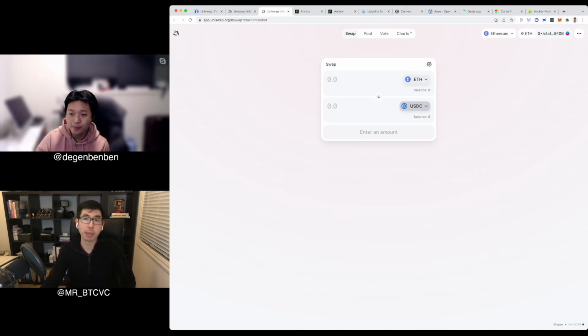So that's swapping. There's not much to say except that it's swapping one token for another token. Some people don't realize the difference between swapping on a decentralized exchange. I've been using the word AMM, but another term is the DEX, a decentralized exchange.